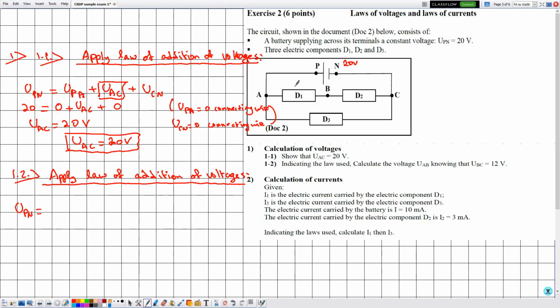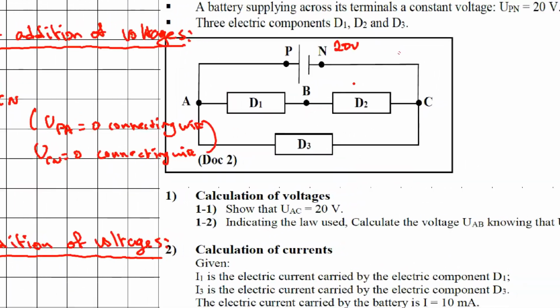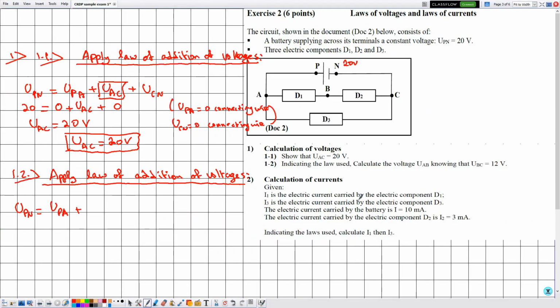So let's go from point P to the point A, and from A to B, since we require that UAB appear in the equation, plus UAB. And now from B to the point C, and from C back to N. Now the value of UPN is 20, given.